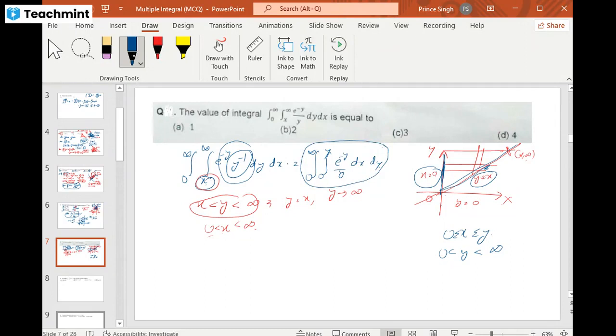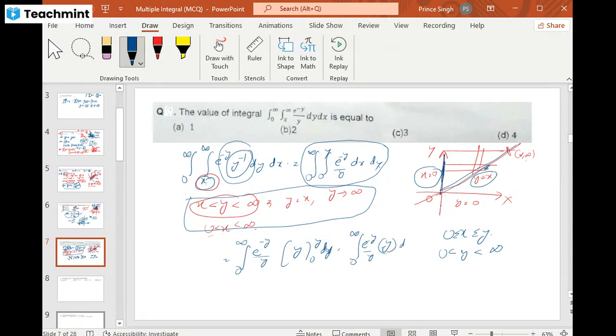If we integrate with respect to x first, then this whole function is constant. So this can be written as integral 0 to infinity e raised to the power minus y upon y, and the integral of dx is y with the limit 0 to y. So this is 0 to infinity e raised to power minus y upon y, and here this is y minus 0, that is y.